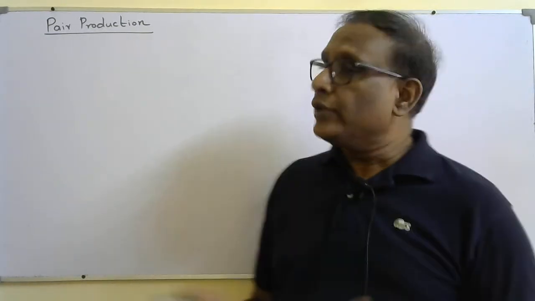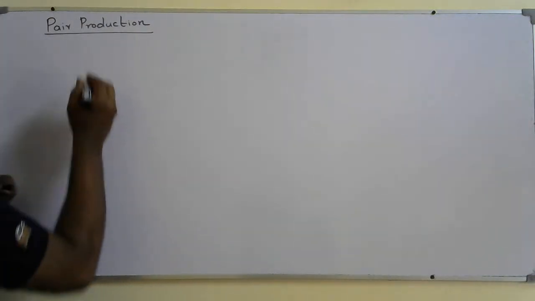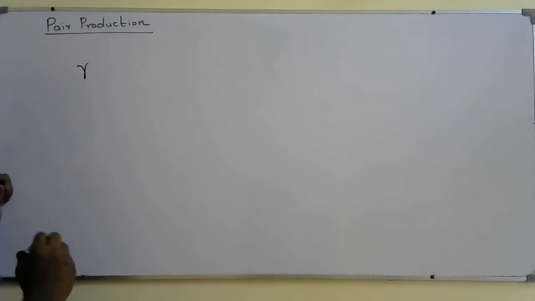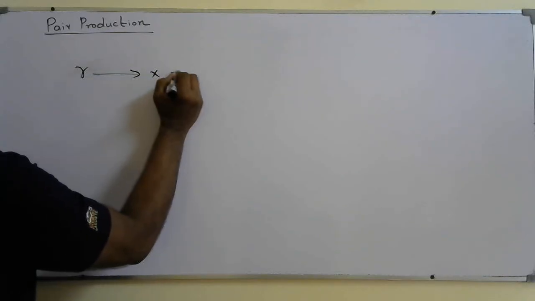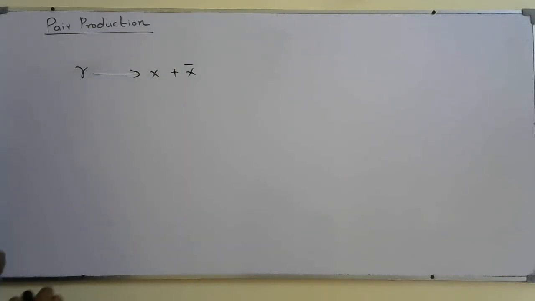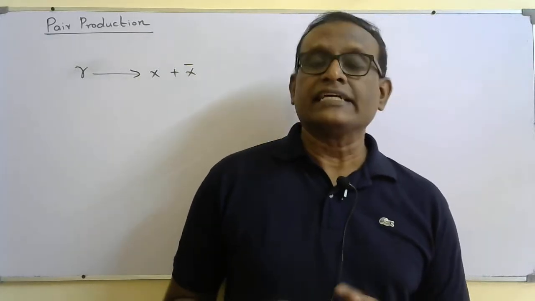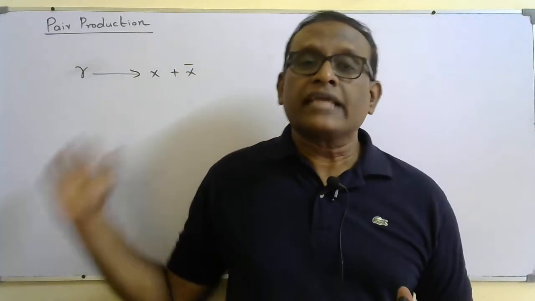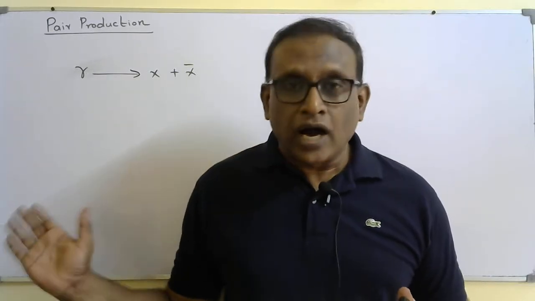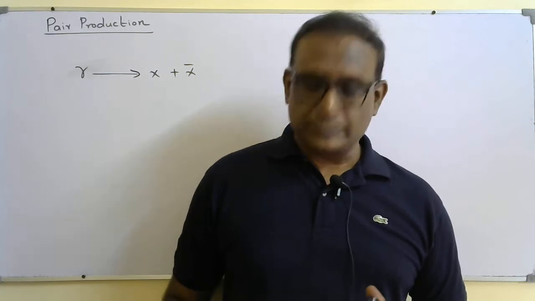Here also we can write a reaction equation. For example, this is the notation for a photon, like gamma. A photon decays into a particle and an antiparticle. The particle and antiparticle can have kinetic energy, or maybe they are just released, depending on the question. Here also total mass energy must be conserved.